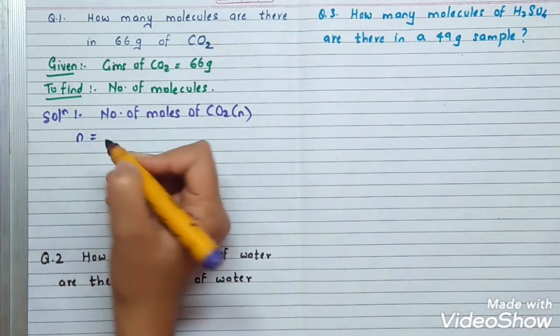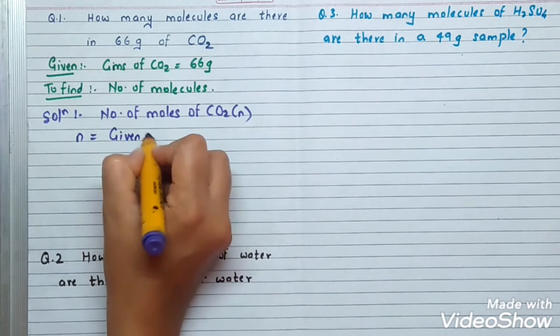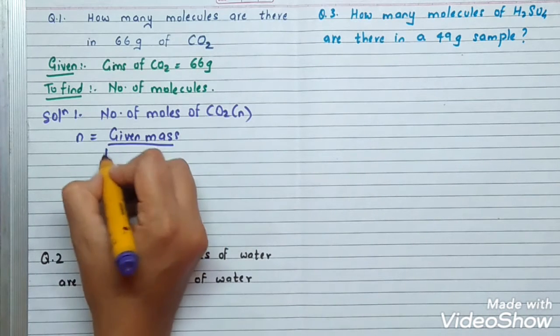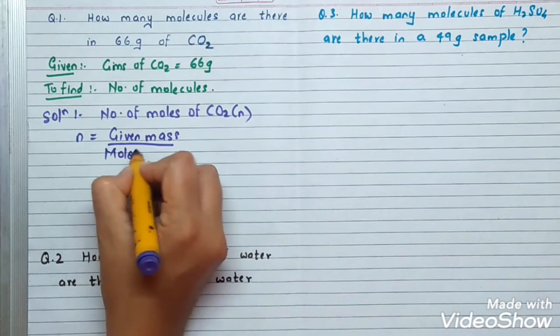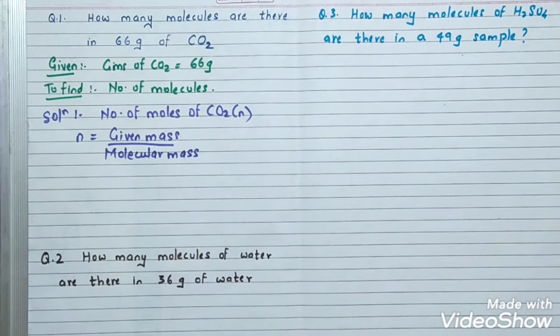N, that is the number of moles, is equal to the given mass upon its molecular mass. Given mass divided by its molecular mass.